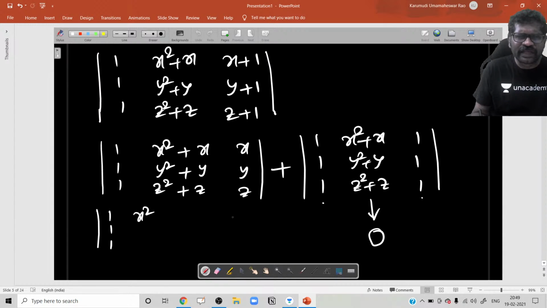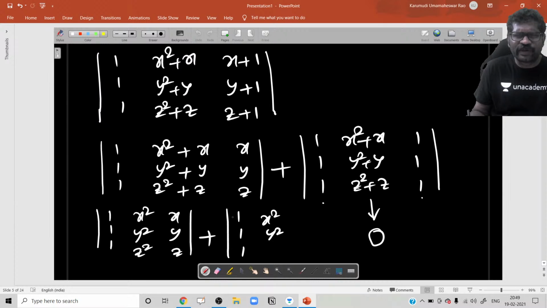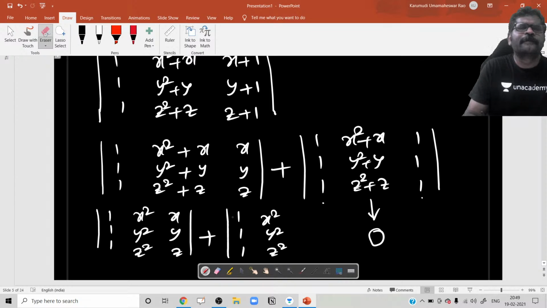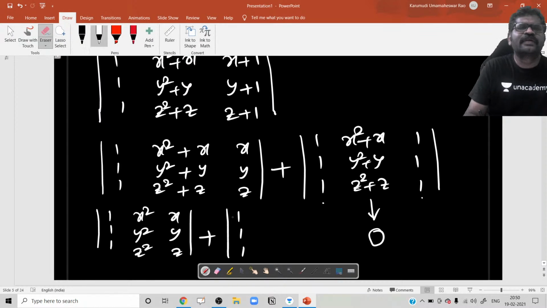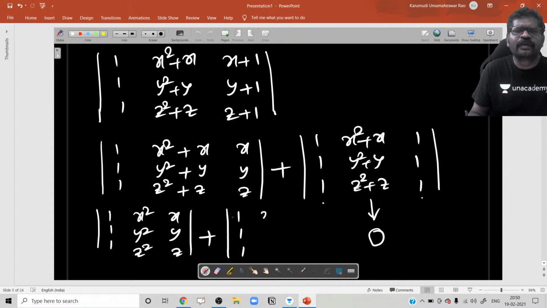1 1 1, x square y square z square, x y z, plus 1 1 1, x square y square z square, x y z.